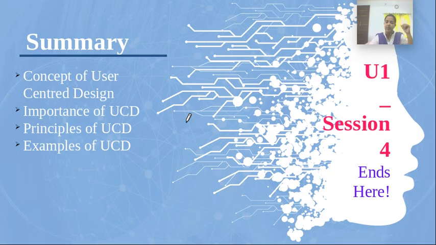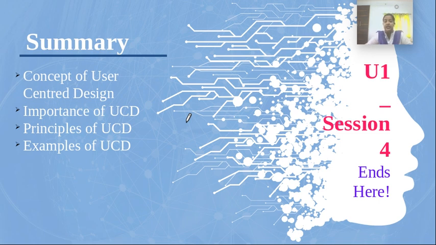Okay, so we are ending our session now. In this session we have covered the concept of user centered design. We have seen the importance of UCD with terms like empathy, optimism, business information, business goals and user experience.